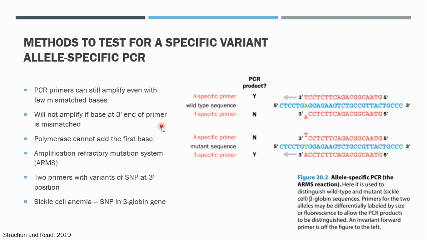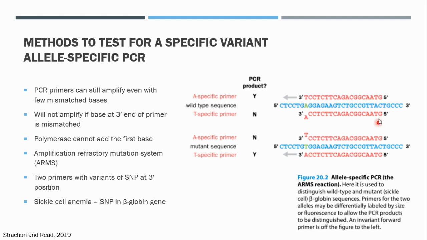So if we look at the sequence here, patients who have a wild-type sequence have an A at this position highlighted in green, whereas patients with the mutant sequence have a T in that position. So what we can do is design primers that can either amplify patients who have the A or patients who have the T in that position.